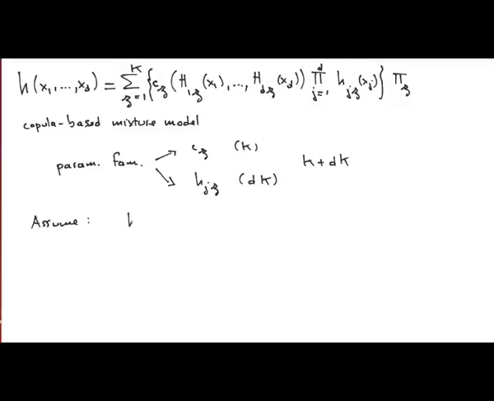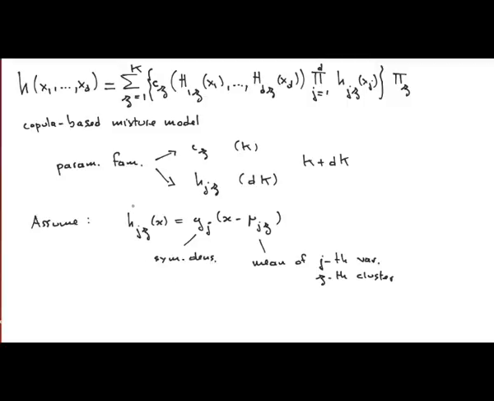Assume that HJZ of X writes as GJ of X minus mu JZ for each J and each Z. Mu JZ is the mean of the J's variable in the Z's group, or the Z's cluster, and GJ is a symmetric density.